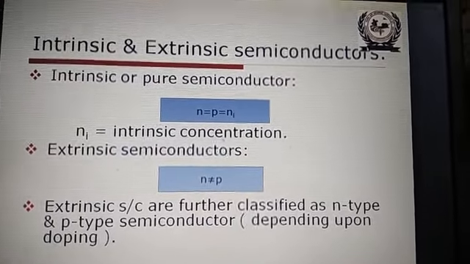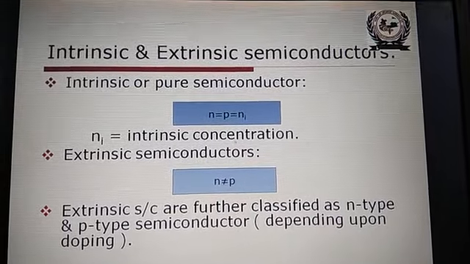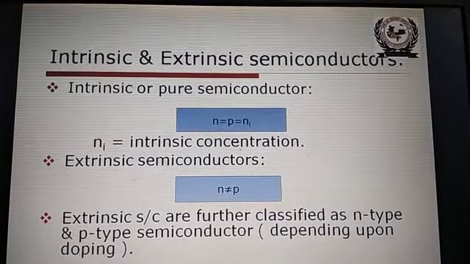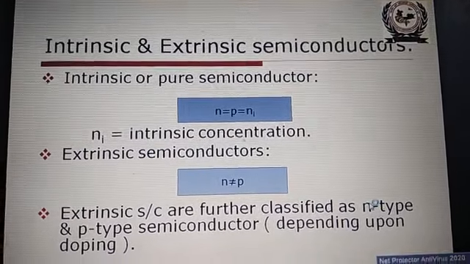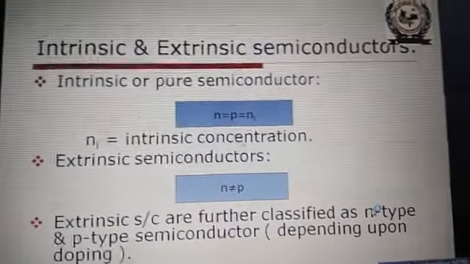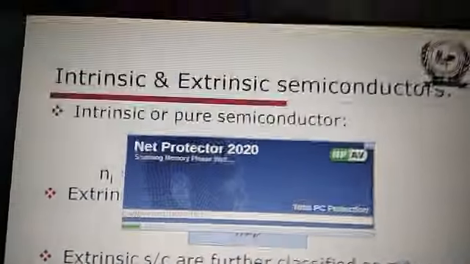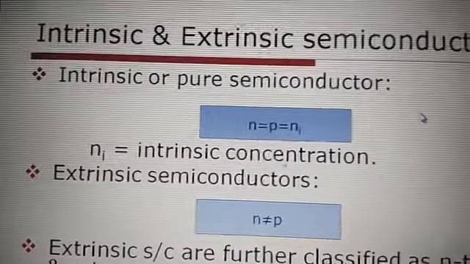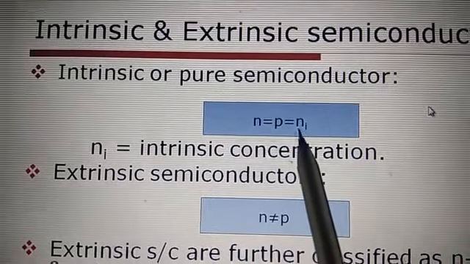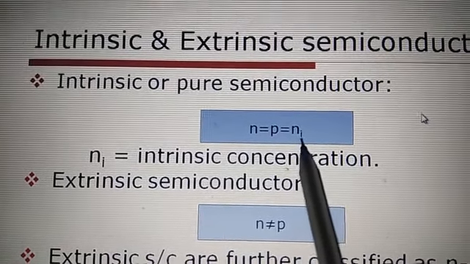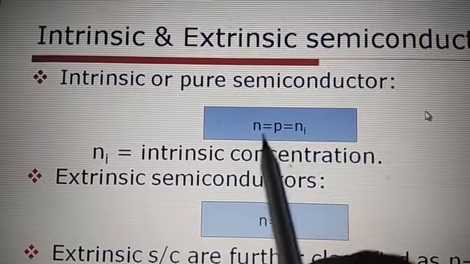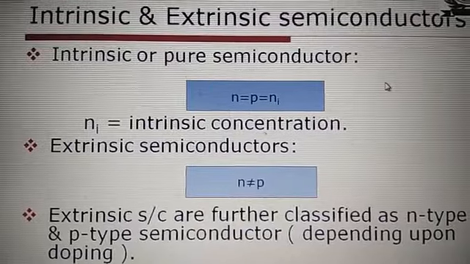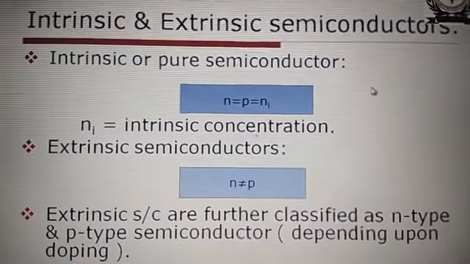Now this is intrinsic and extrinsic semiconductors. Roughly, we call them pure and impure semiconductors. Intrinsic semiconductors are pure semiconductors in which the concentrations of electrons and holes are the same: n = p = ni. This is the concentration of the pure semiconductor: concentration of electrons, concentration of holes. Similarly, in an extrinsic semiconductor, these concentrations are different due to doping.